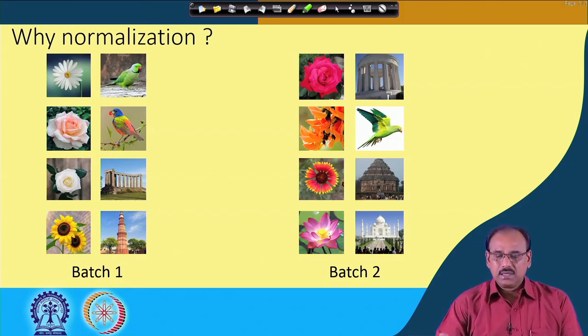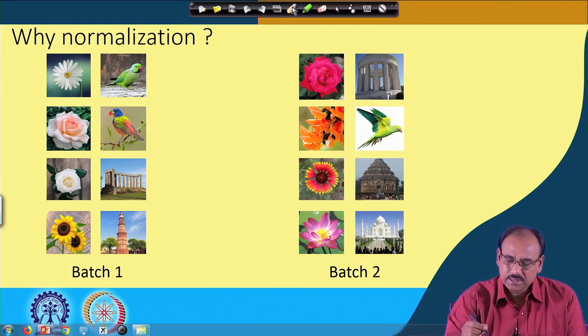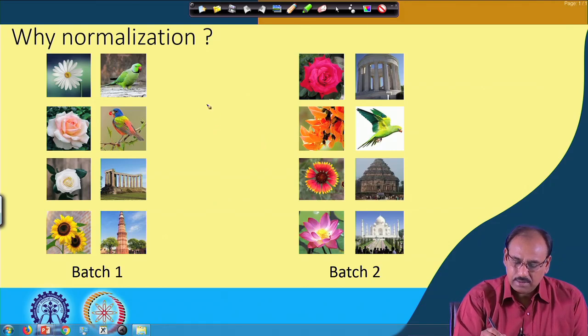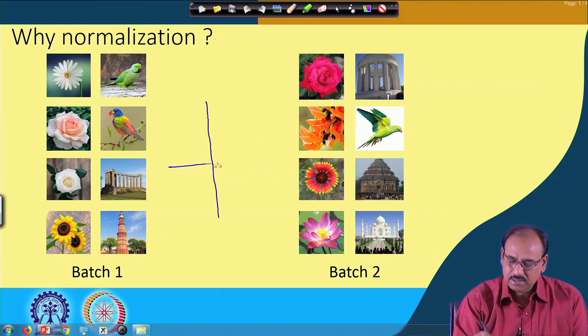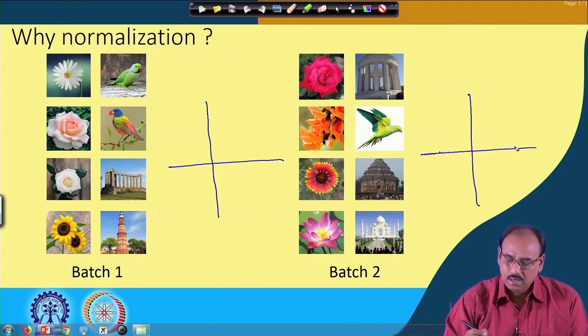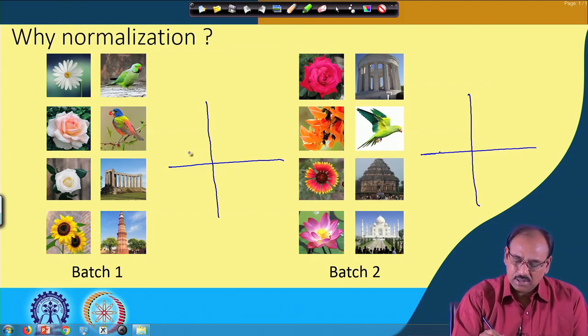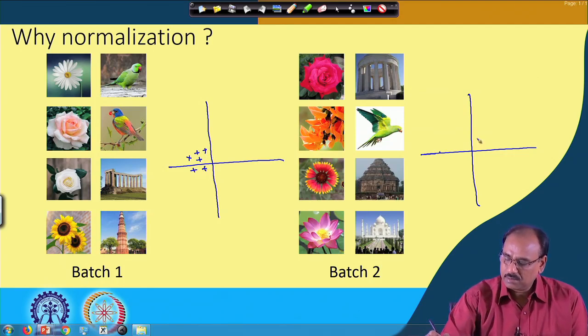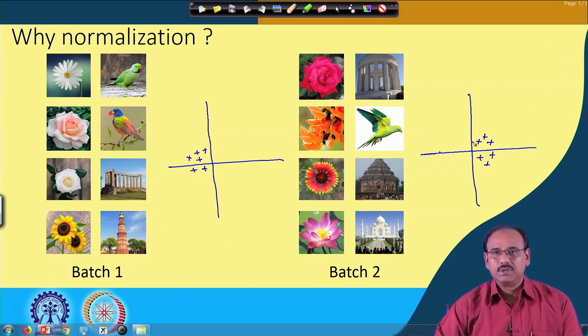As a result, if I put it like this, say take a feature space something like this, and another feature space over here. In batch 1, the features of the positive class of flowers will be distributed like this, whereas in batch 2 the positive class, that is the colored features, might have a distribution something like this.